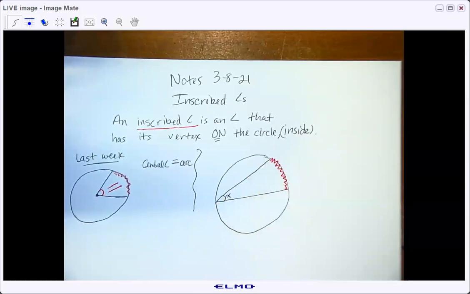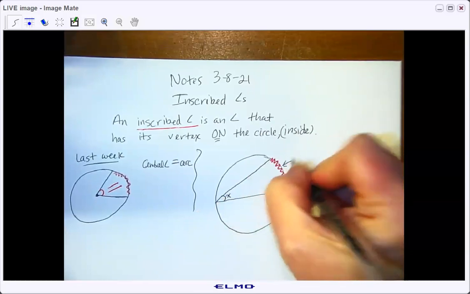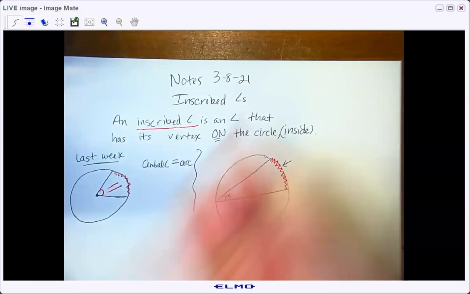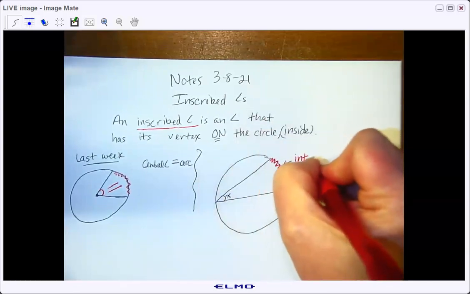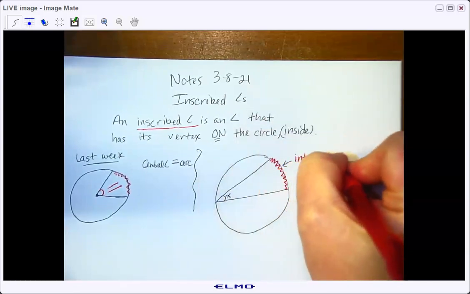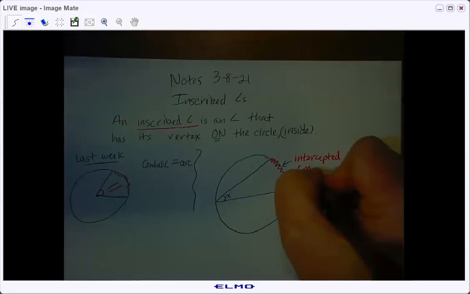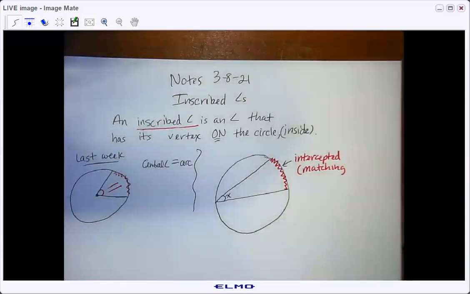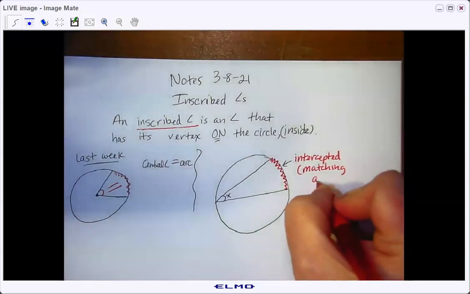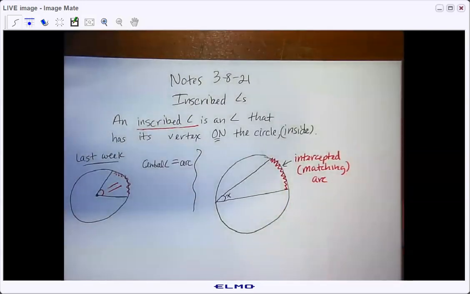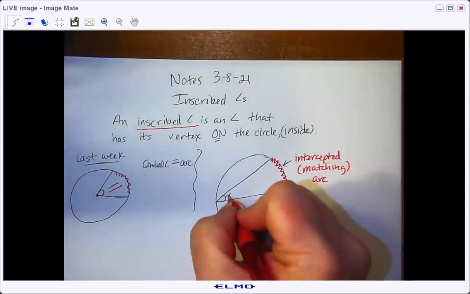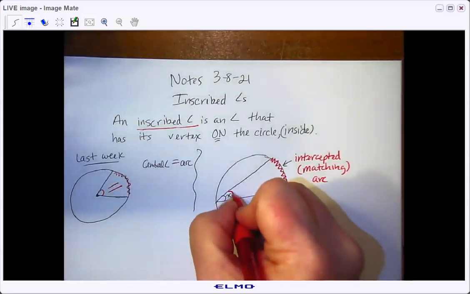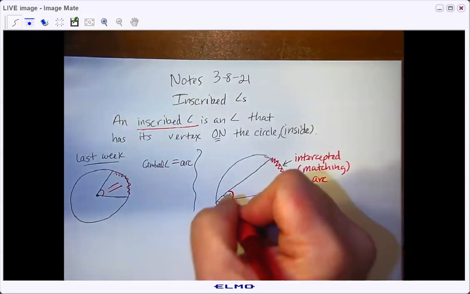So let's write that in. This is what we call intercepted or matching arc. And this is the angle, inscribed angle.